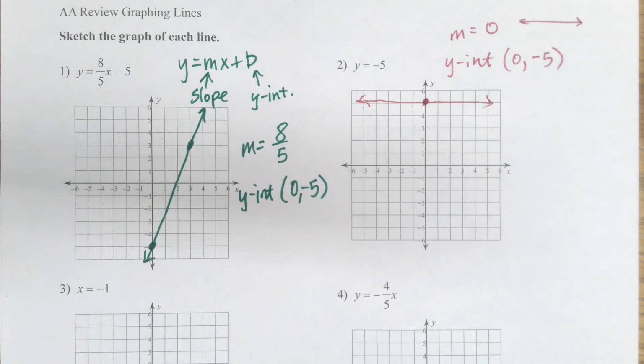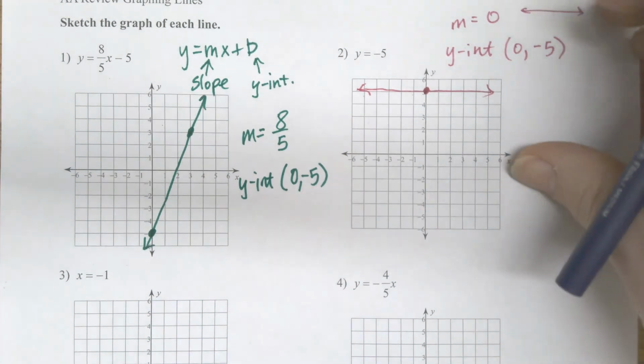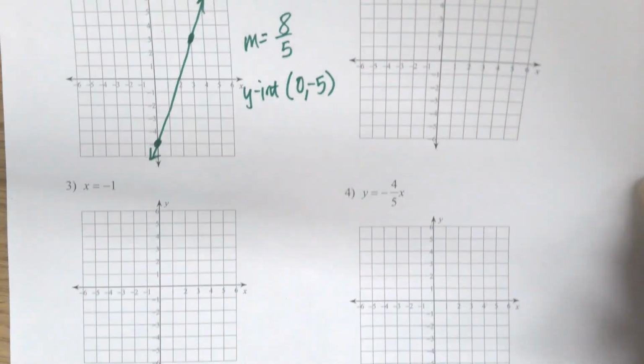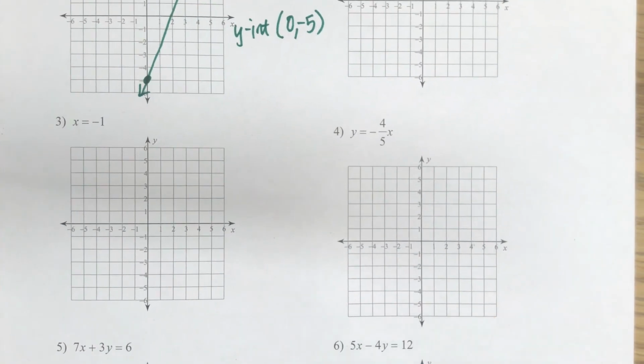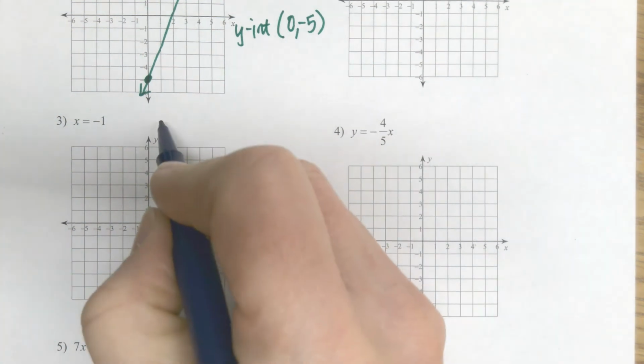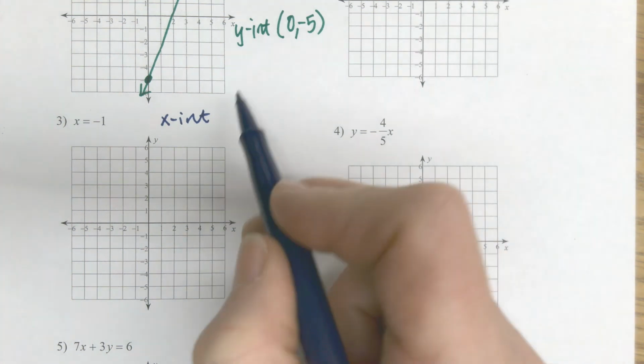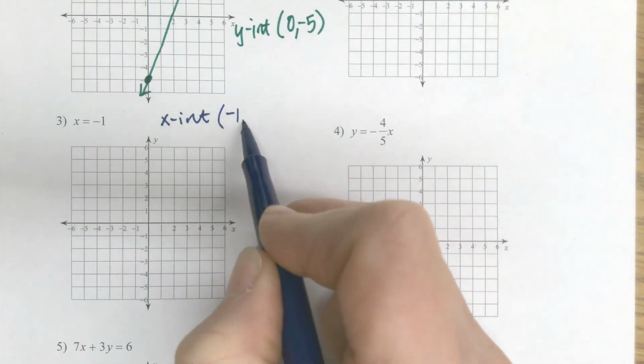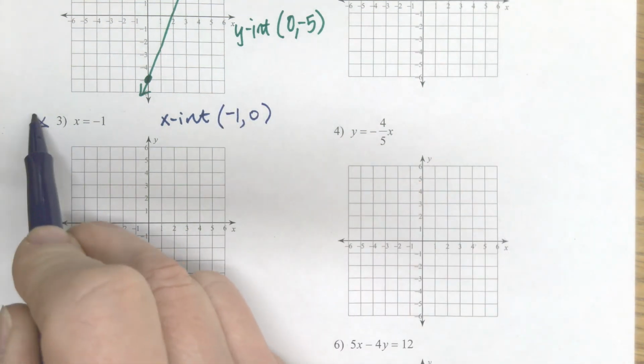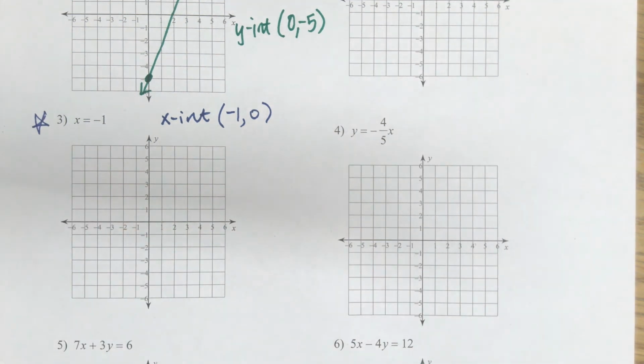The other special case that we got was when we had x equals. Because when I have x equals, I don't have a y-intercept, I have an x-intercept. X equals -1. That's a point -1, 0. This is the only case that's like that, where I don't have a y-intercept. I only have an x-intercept.